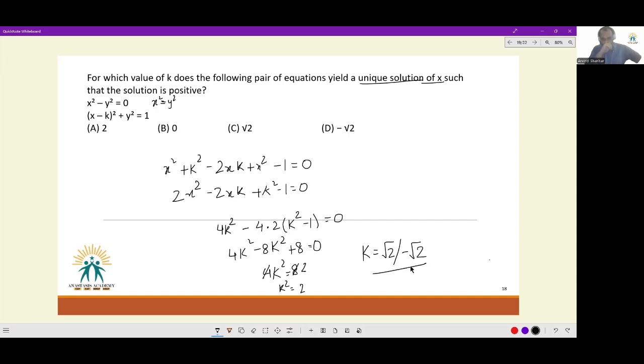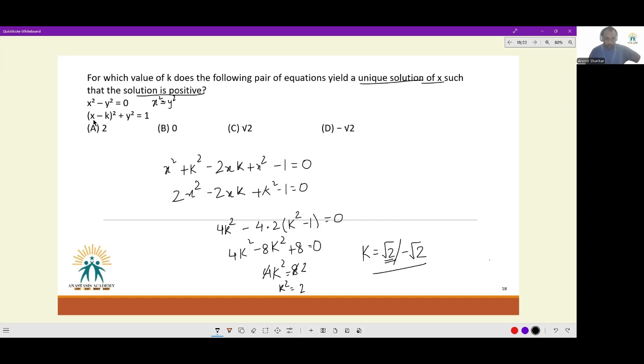Both of these possibilities exist. But because we are looking for the solution to be positive, the only possible value that k can take has to be root 2.